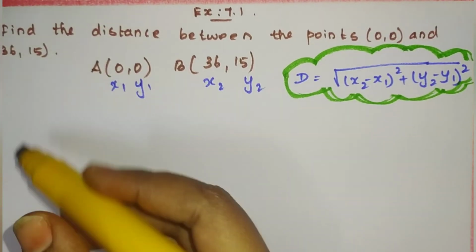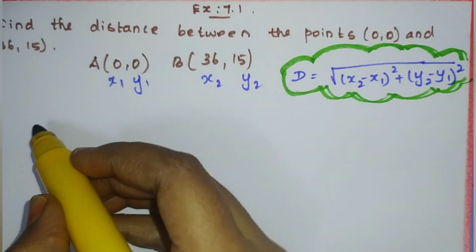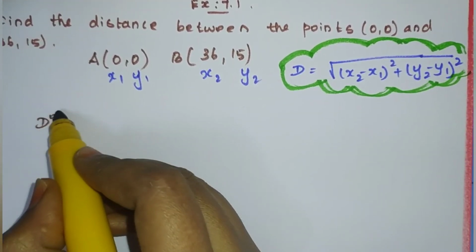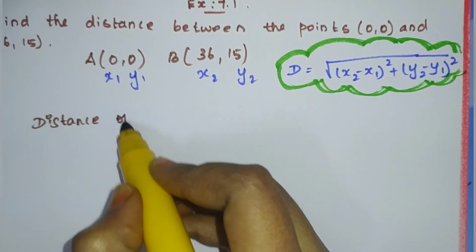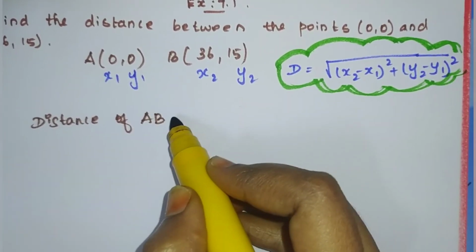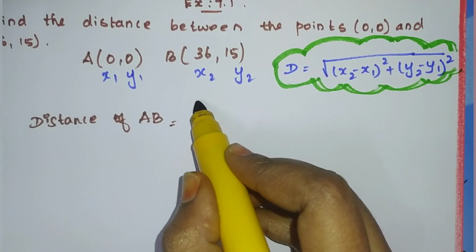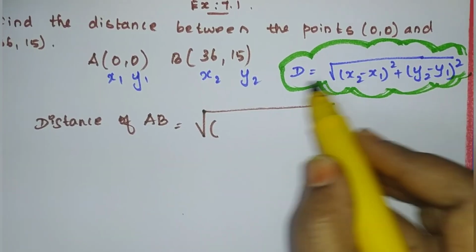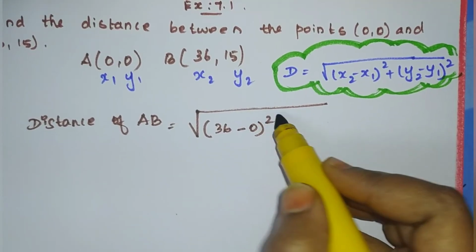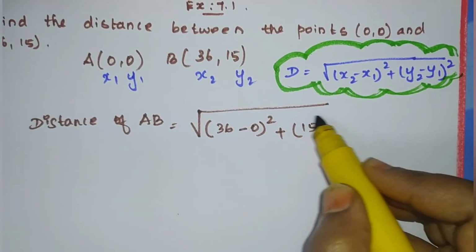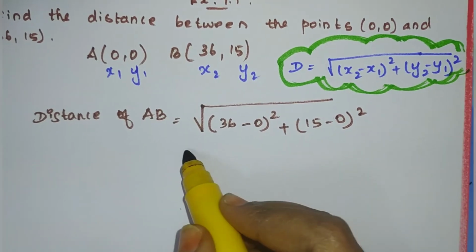So the distance of AB is equal to root of, which is x2, 36 minus 0 the whole square plus 15 minus 0 the whole square.